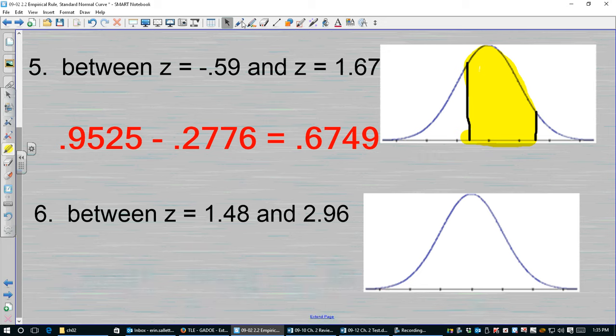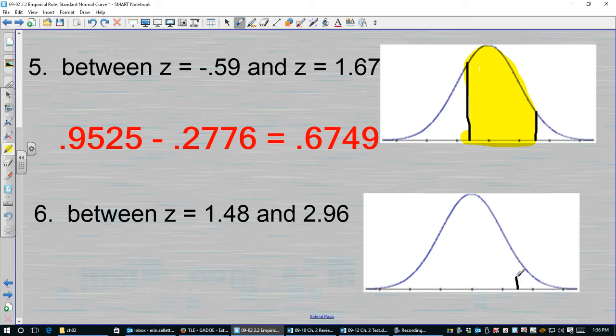Let's try that again. Let's look at 2 more areas. Okay, these are both between positive z-scores. So mean is at the center, 1.48 standard deviations to the right, and positive 2.96. Okay. 1.48. There we go.